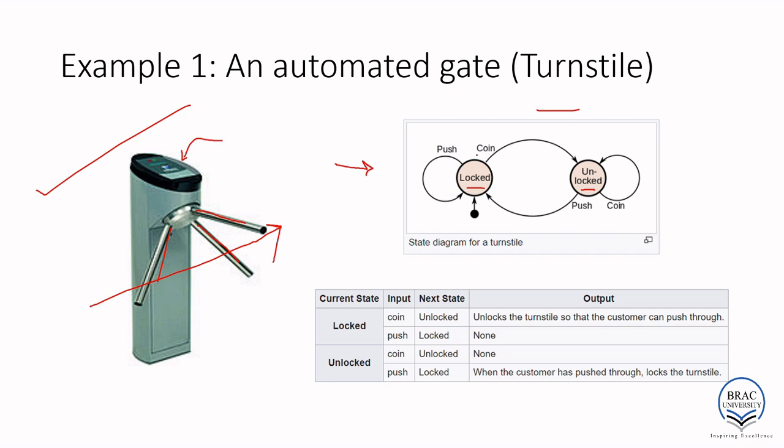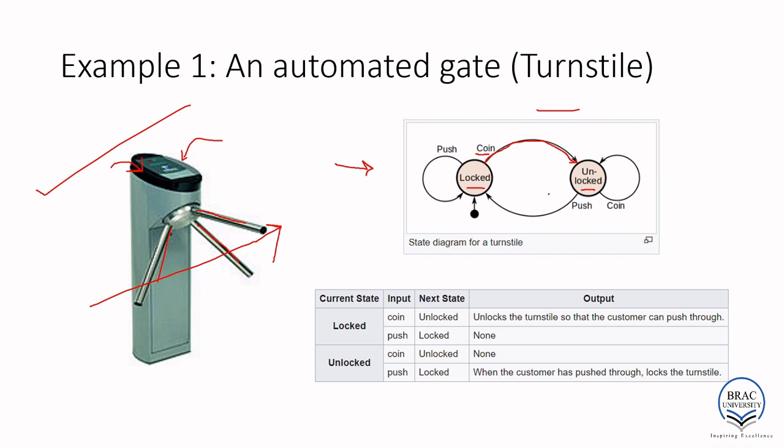Whenever it is in the locked state, if we input a coin, then our circuit will go to the unlocked state. Whenever it is in the unlocked state, we can enter through this turnstile. And when it is unlocked, if another person puts another coin in, it will stay unlocked until we have no coin.